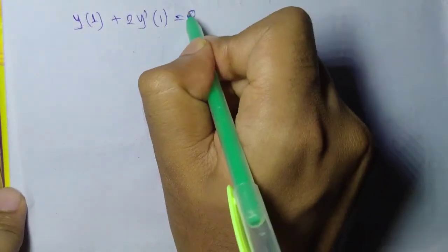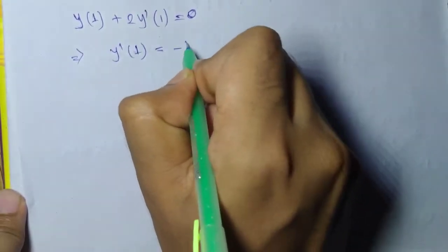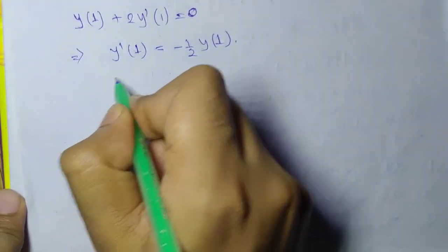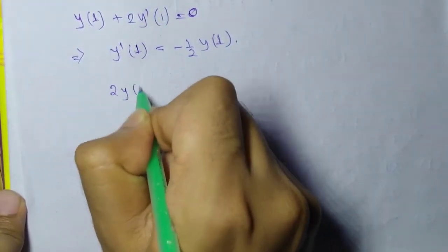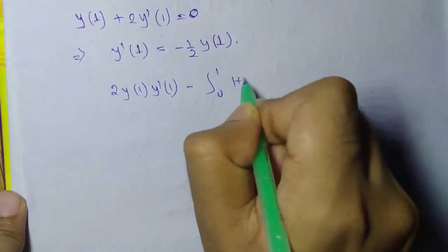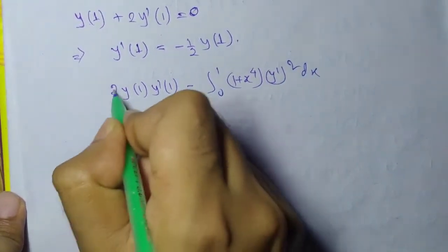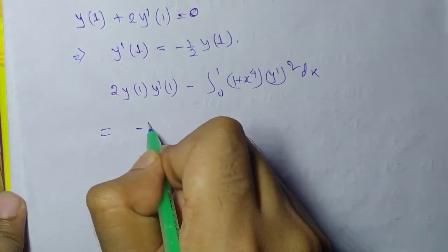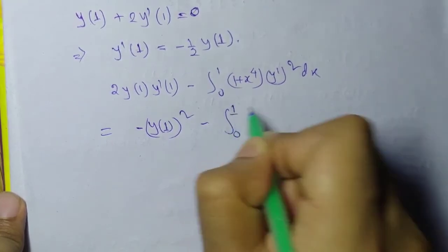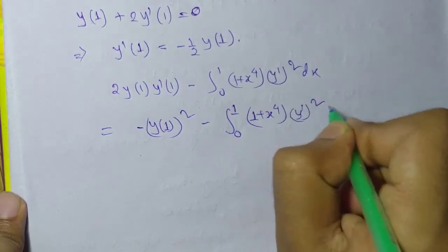From here we obtain y'(1) = minus half of y(1). So 2y(1)y'(1) minus the integral from 0 to 1 of (1 + x^4) y'^2 dx equals minus y(1)^2 minus the integral from 0 to 1 of (1 + x^4) y'^2 dx.